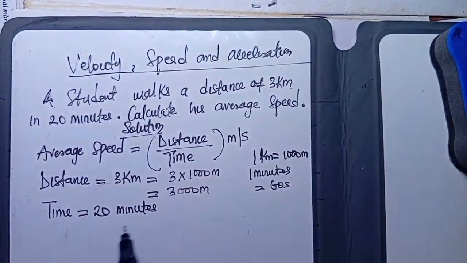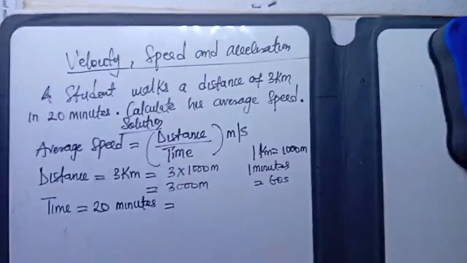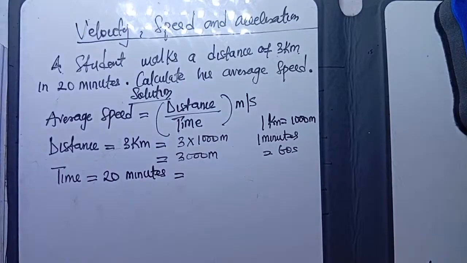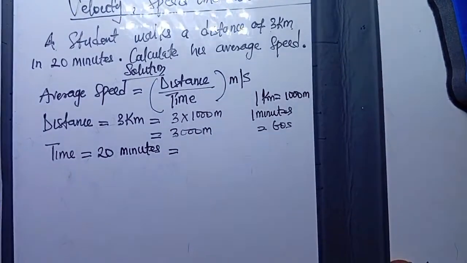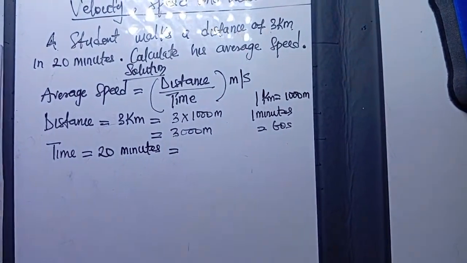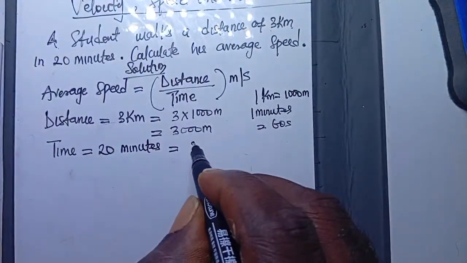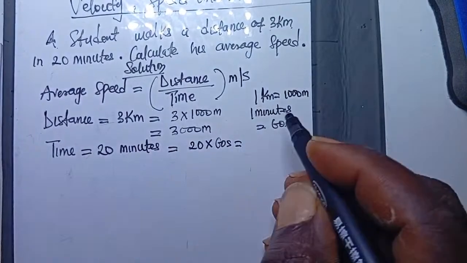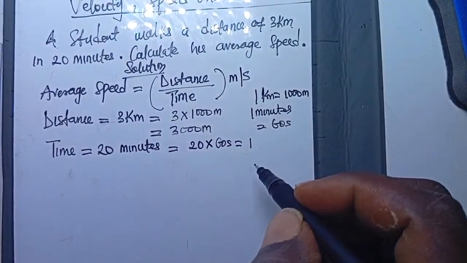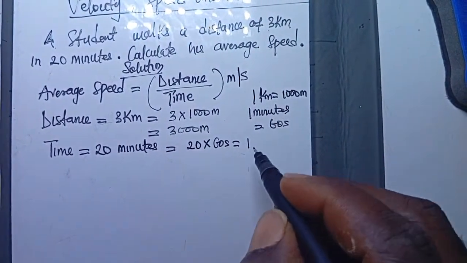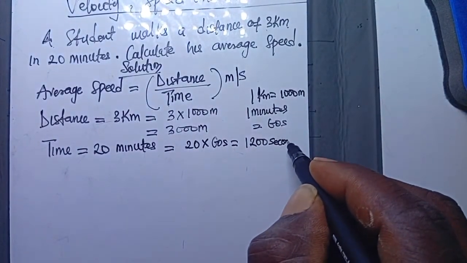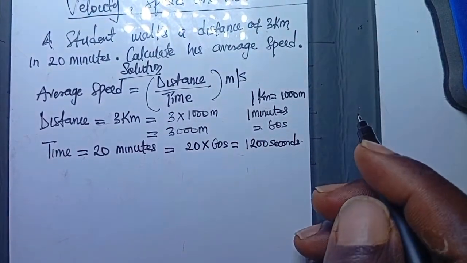So 20 minutes will be 20 times 60 seconds, which is equal to 1,200 seconds. So that is just it.